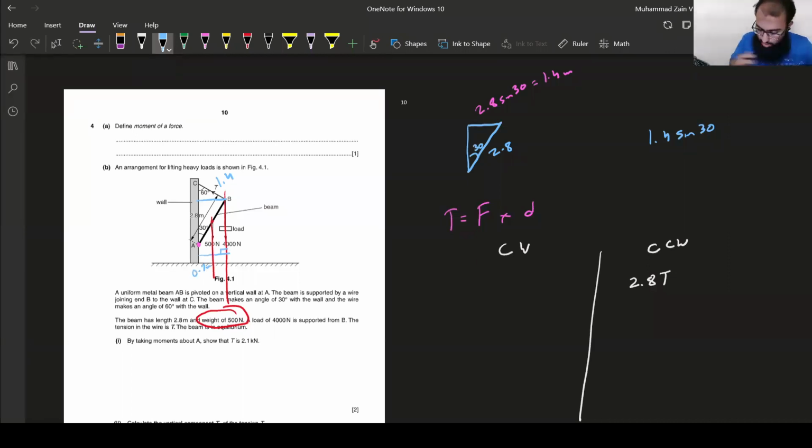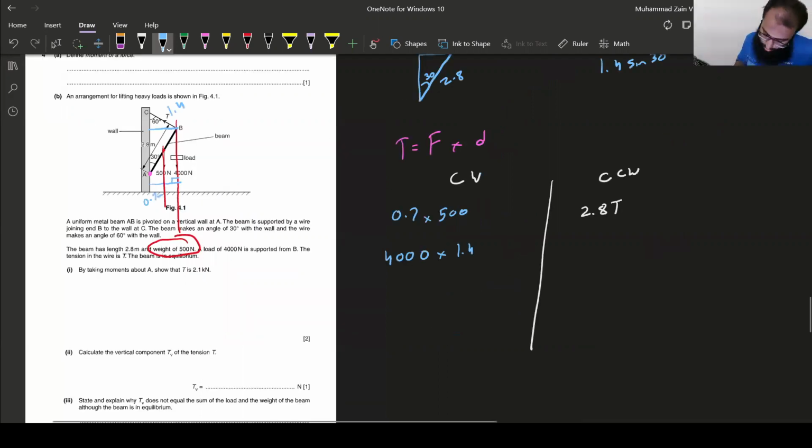So I just do this accordingly. 0.7, which is the center of mass of the beam, times 500. This is one component of the clockwise motion. And then there's another component due to the load, which is 4,000 times 1.4. Now I use all this, I equate everything. 0.7 times 500 plus 4,000 times 1.4.